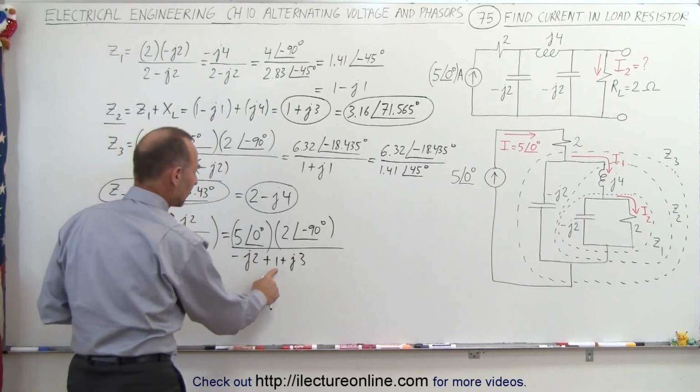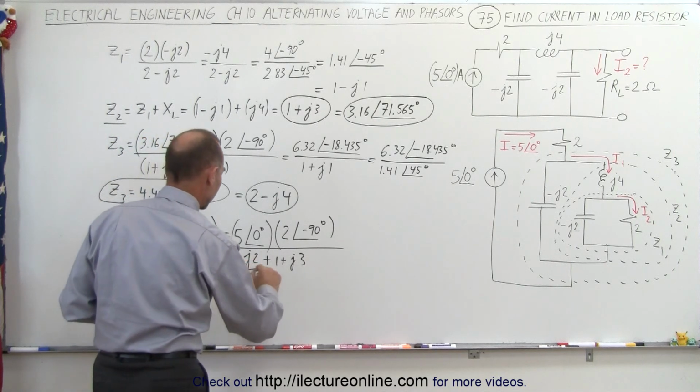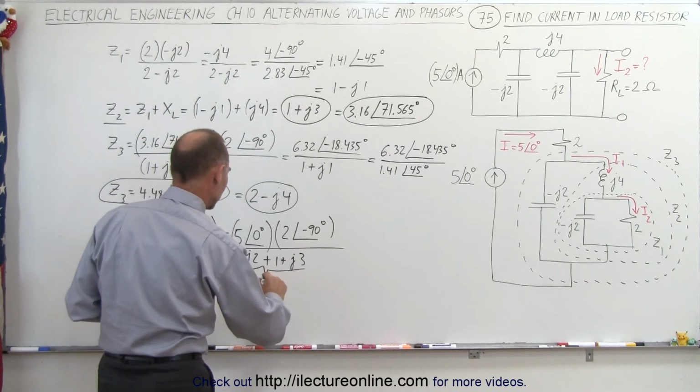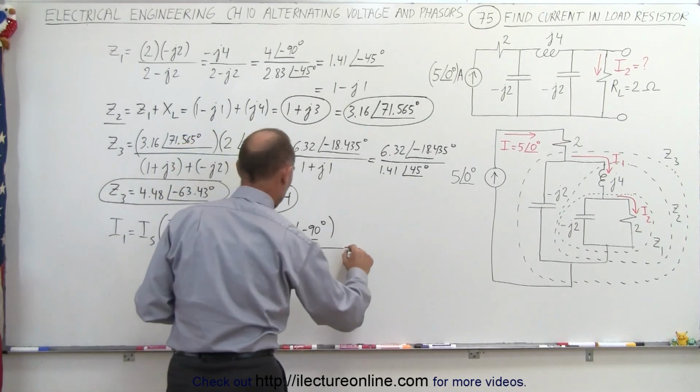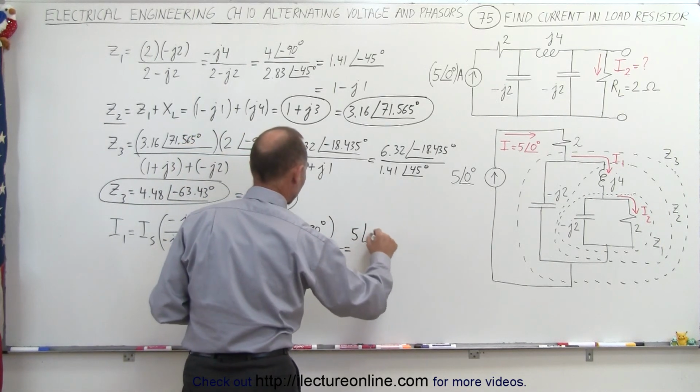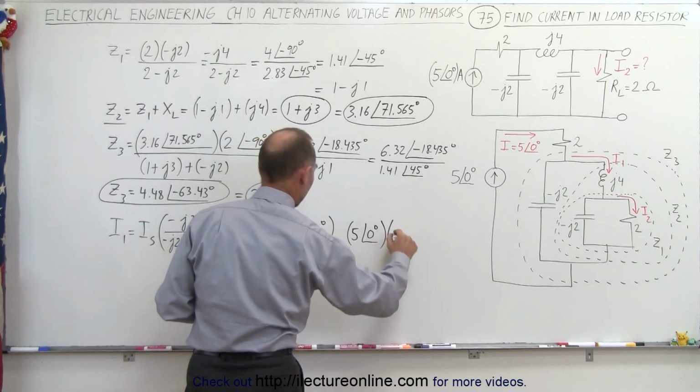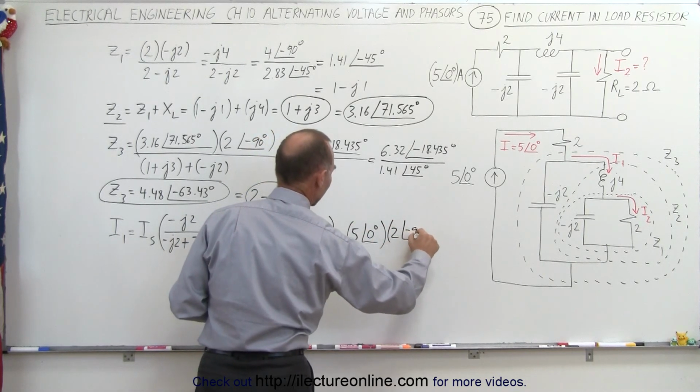Let's combine this, so this is going to be equal to 1 plus J1. And when we rewrite this, it is 5 with a phase angle of 0 degrees times 2 with a phase angle of minus 90 degrees.